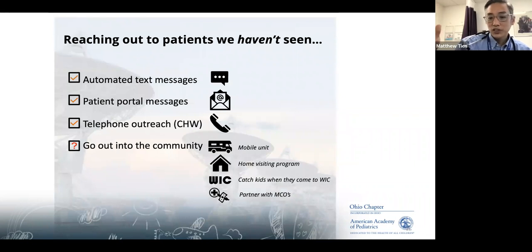We do some outreach. One way to reach those patients is an automated text message. We write a report that looks for our Medicaid patients. It goes out once a week, and every week it looks at the patients who turned 16 months old, 19 months old, and 22 months old.